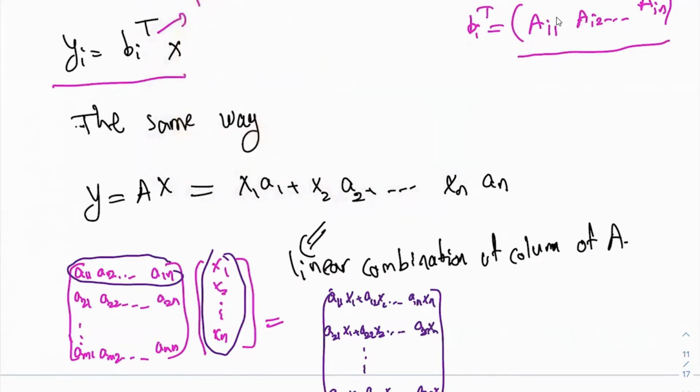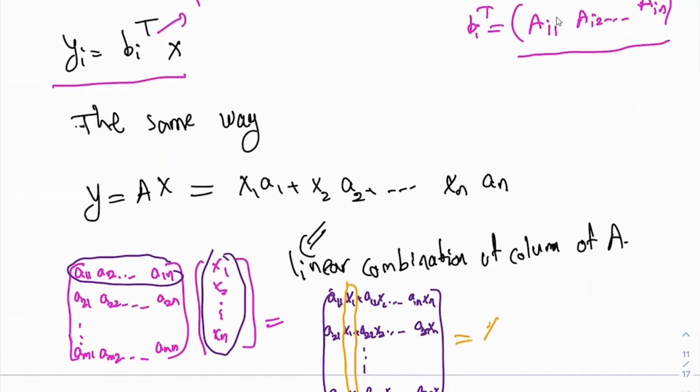Remember, this is an m by 1 vector. Now, let's study this vector for a while. You see, here the first component has x1. If you get rid of x1, what you get is the first column of A. Now, what was the first column of A? It is a11, a21, all the way to am1. That's exactly here, a11, a21, all the way to am1.